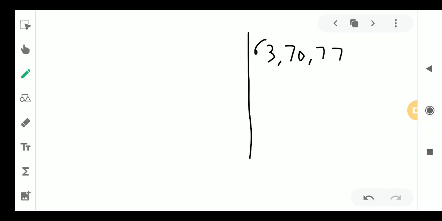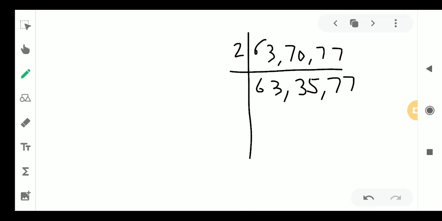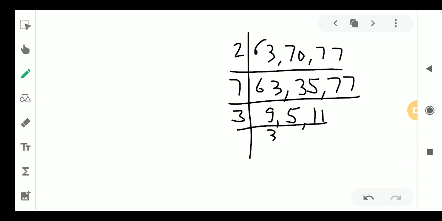So first let me do it by 2, because 70 is divisible by 2, so 35 and 77. Now we can divide it by 7. 7 nines are 63, 7 fives are 35, 7 elevens are 77. Now take it by 3. 3 threes are 9, 5 is not divisible, 11 is not divisible. Again by 3.